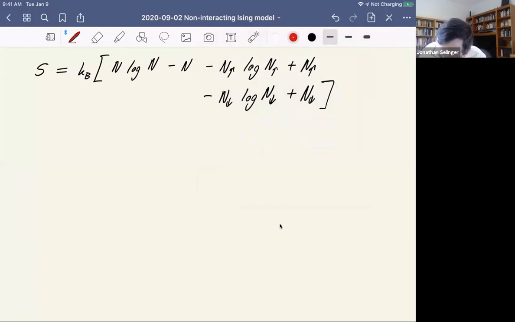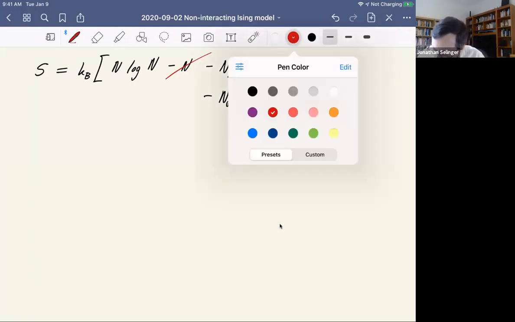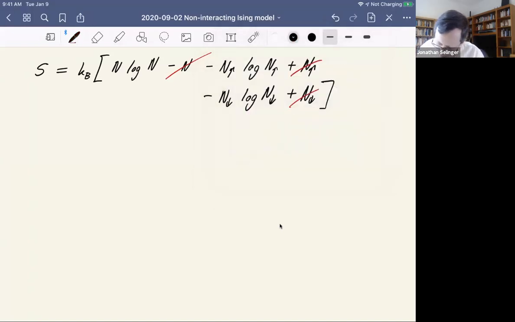Okay, good with this? All right, now let's simplify that a little bit, because we can cancel off that n is equal to n up plus n down. And now maybe I can factor out an overall factor of n.